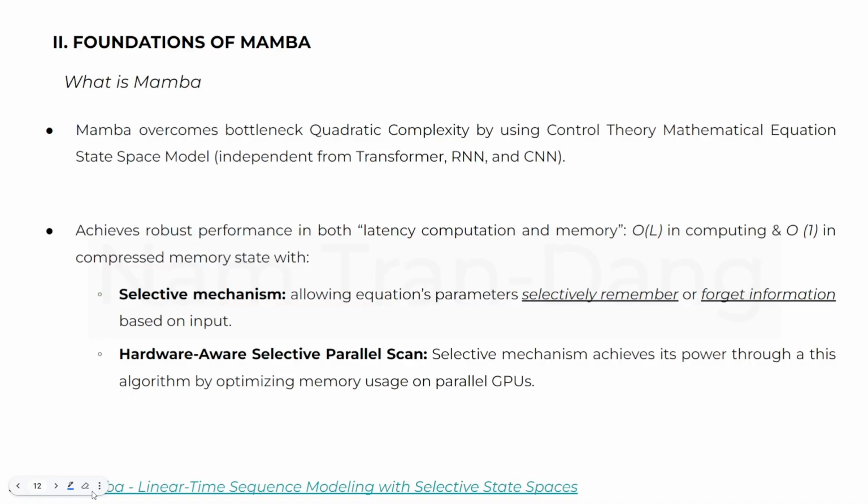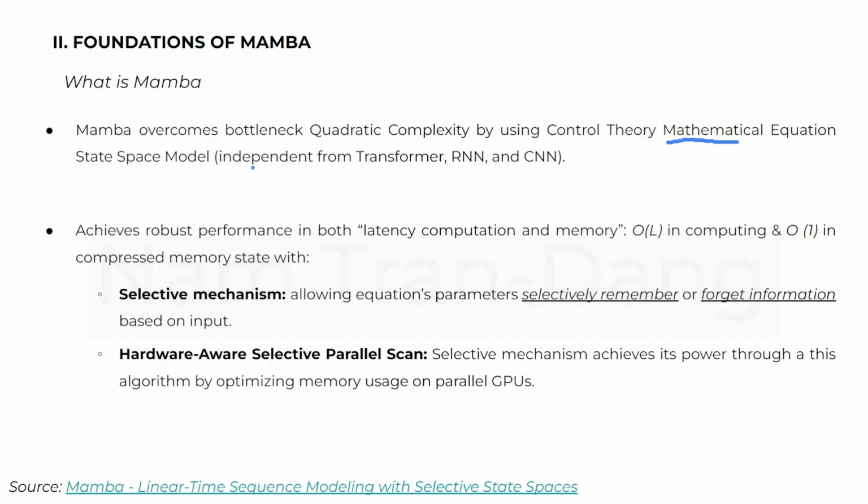Now let's move to the next part, the foundations of Mamba. So what is actually Mamba? Mamba overcomes the bottleneck of quadratic complexity that appears in transformers, and uses new ideas that came from control theory, from mathematical equations.